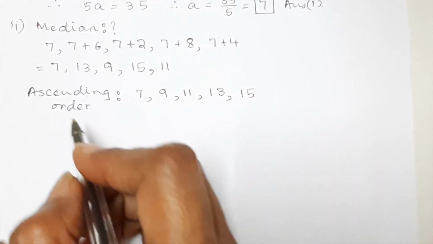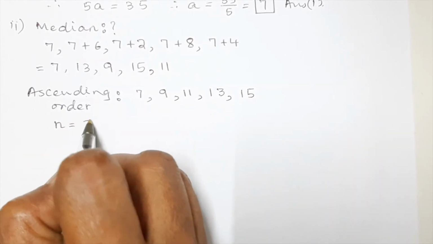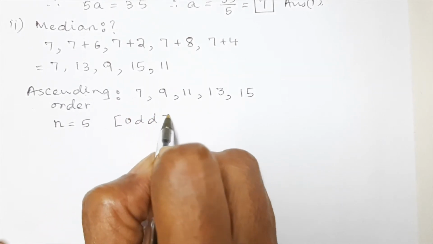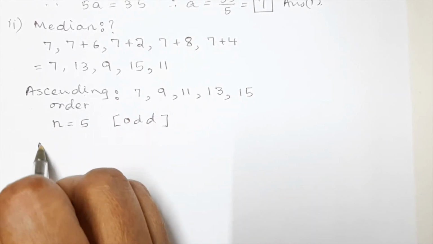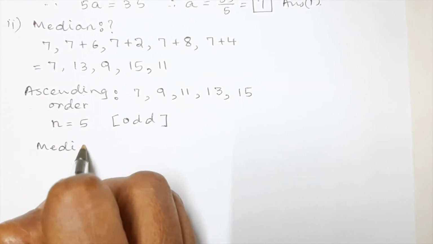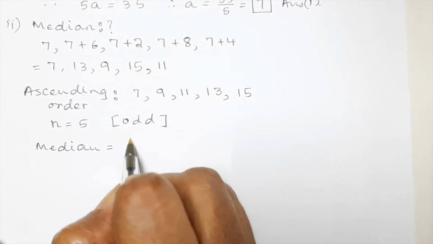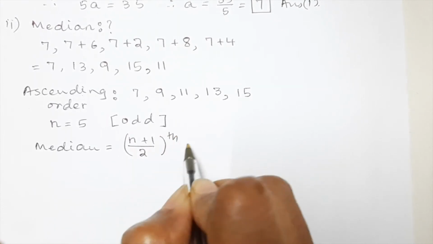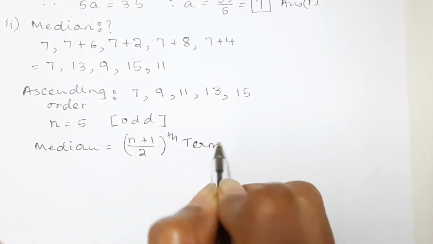And these are 5 values, so your n is equal to 5, which is the odd number. So our median is given as n plus 1 upon 2th term. You remember the formulas.